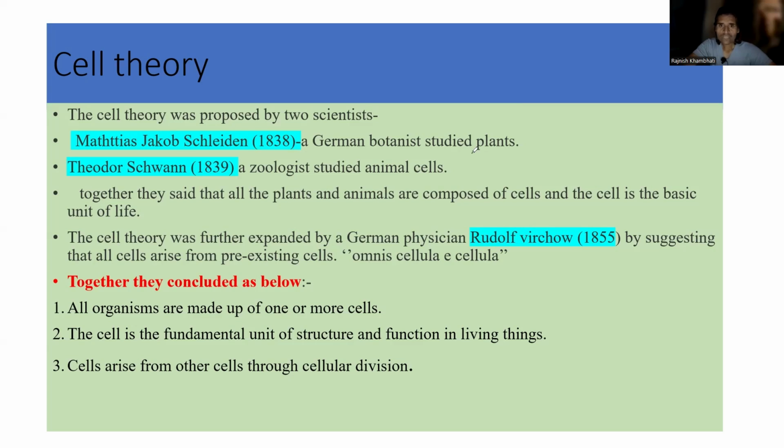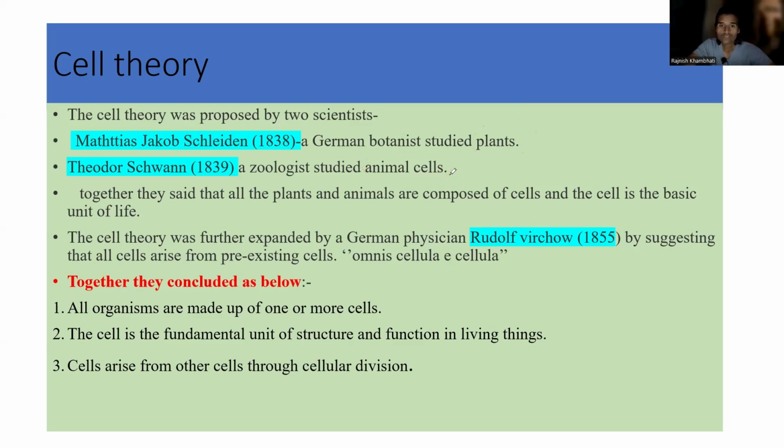Jacob Schleiden, as he was a botanist, observed plants under the microscope, and Theodor Schwann observed animal cells under the microscope.